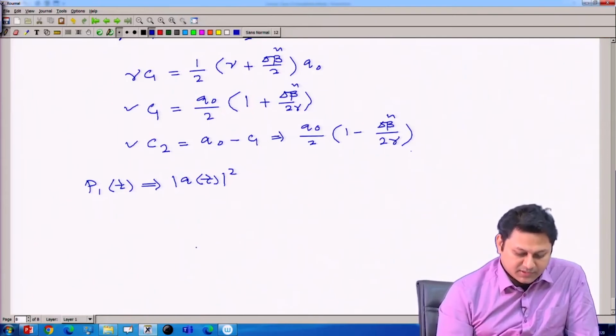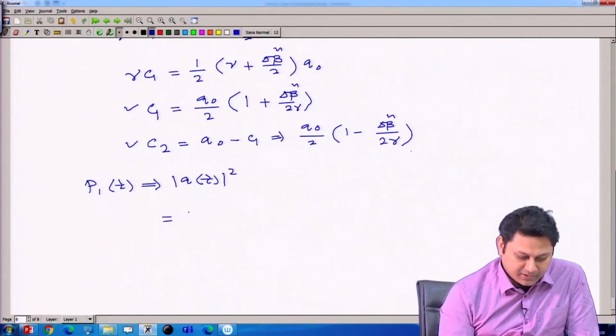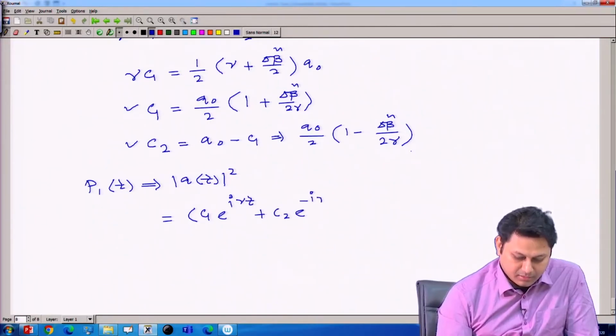Ignoring the proportionality constant, it will be simply C1 e to the power i gamma z plus C2 e to the power of minus i gamma z, and then C1 e to the power of minus i, the complex conjugate of these things, plus C2 e to the power of i gamma z.